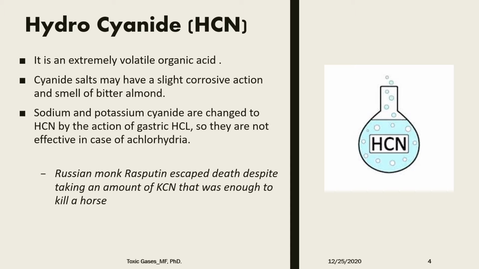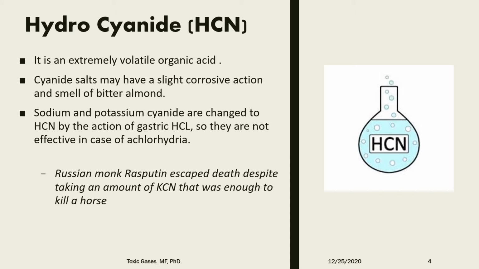Sodium and potassium salts of cyanide, when ingested, are transformed into hydrocyanic acid inside the stomach by the action of the gastric HCl. So they are not effective in poisoning in cases of achlorohydria. A historic example would be the Russian monk Rasputin.